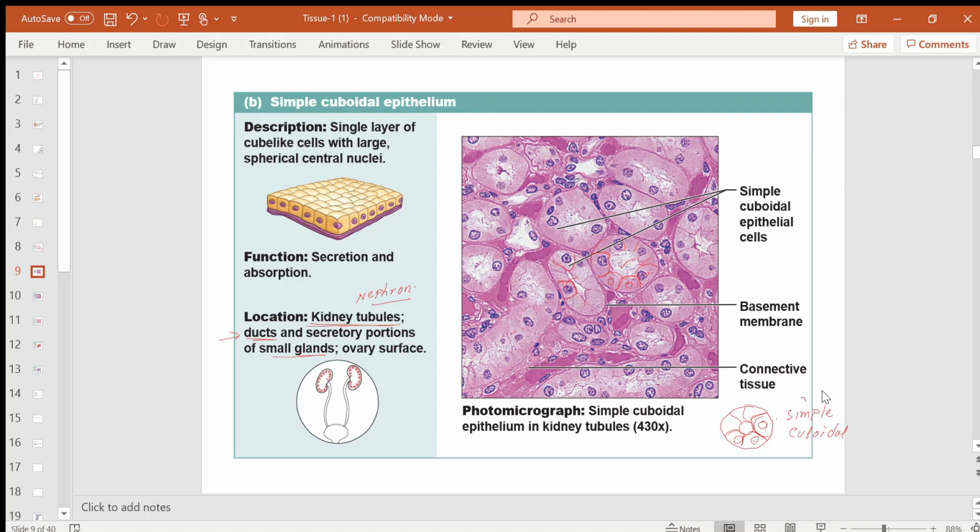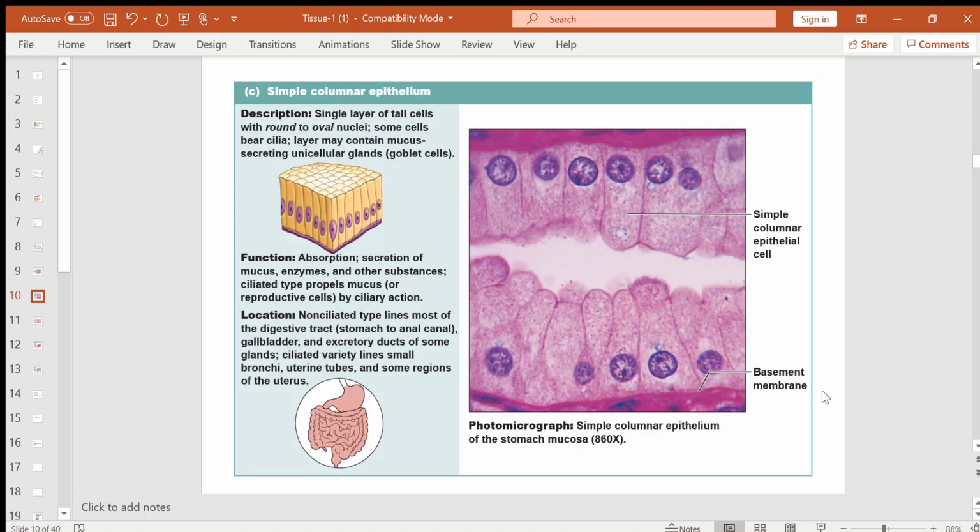This is simple columnar. You can clearly see the tall columnar cells, right? And they have formed a single layer. So simple columnar. Where will you find the simple columnar? In the GI tract or gastrointestinal tract, but not everywhere. Where? The lower part, from the stomach and below.